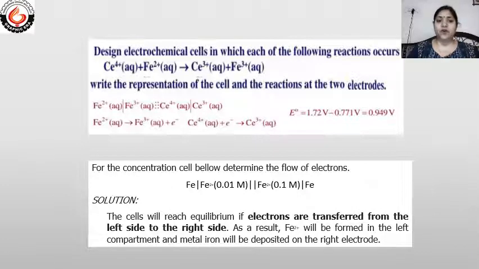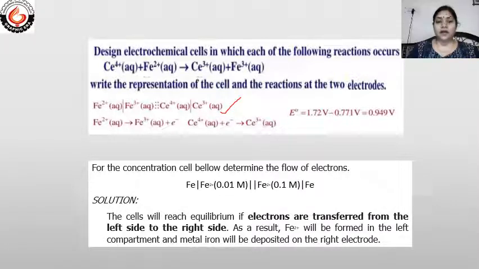So first Fe2+, a line, then Fe3+, then two lines, which show the salt bridge, then Ce4+, a line, and Ce3+. In this way we will show the cell.